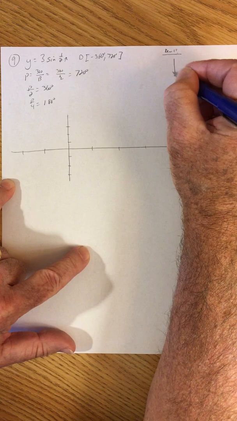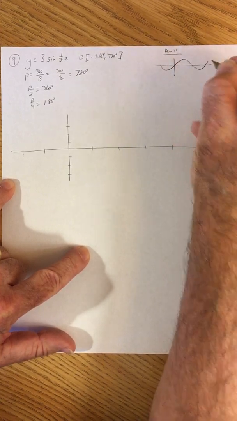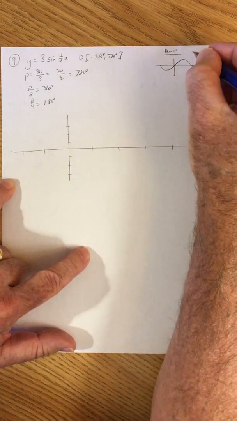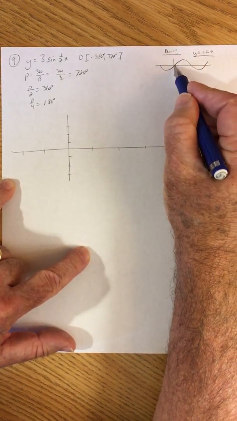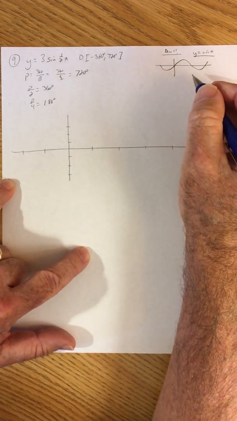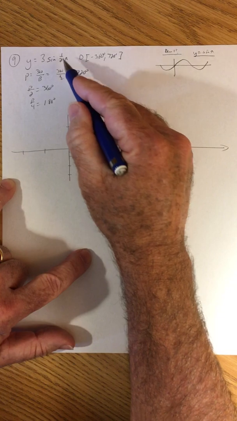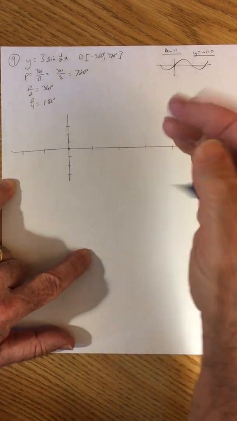Okay, recall that the parent graph of the sine looks like this. And the important thing to remember with the sine is it goes through the origin on the way up. That's the critical point. That doesn't get dilated in any way, so that stays right where it was.